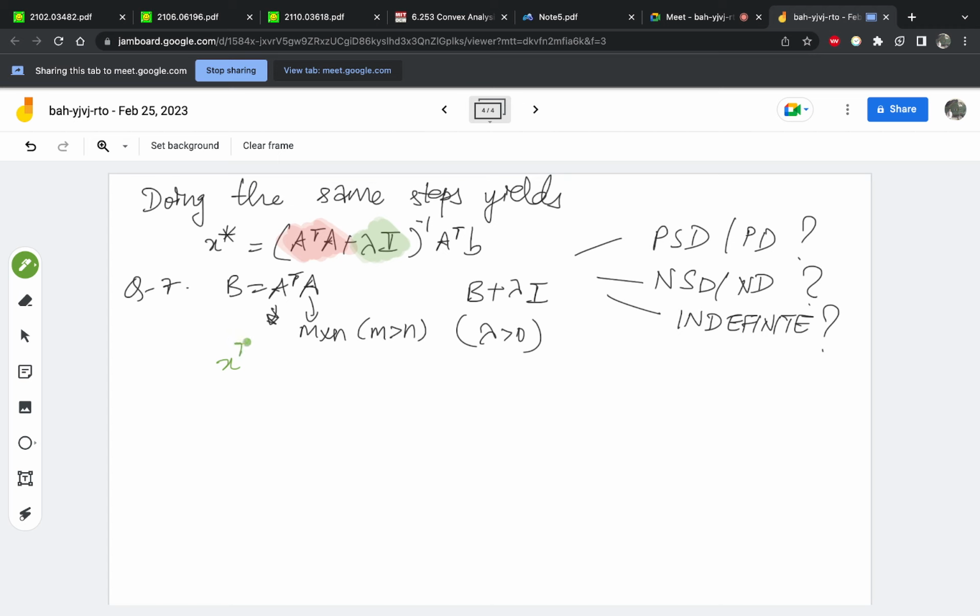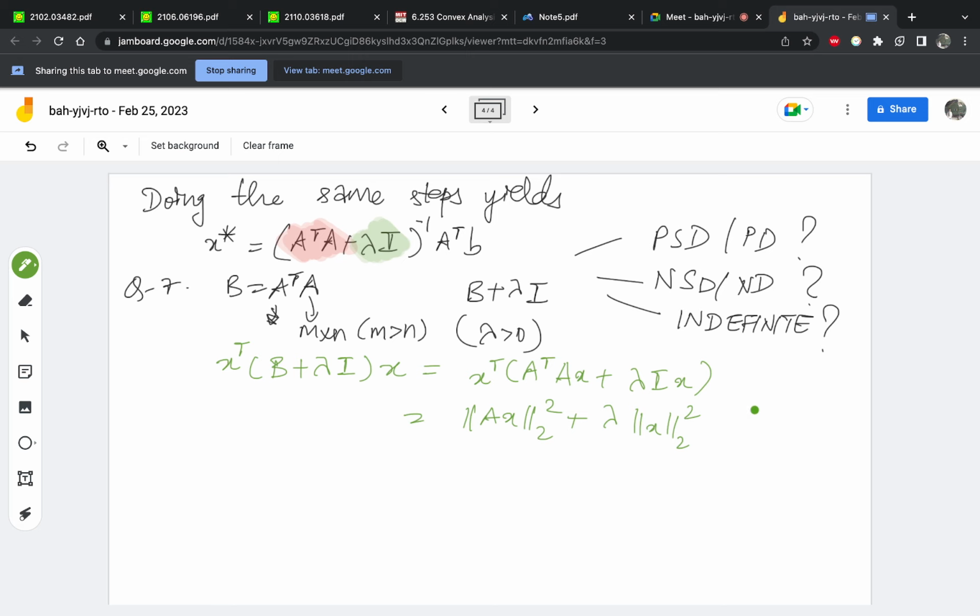So again, we'll just apply the definition. If we take any vector x, and we take this type of weighted inner product, this just gives us A transpose Ax plus lambda Ix, which is nothing but norm Ax squared plus lambda norm x squared.